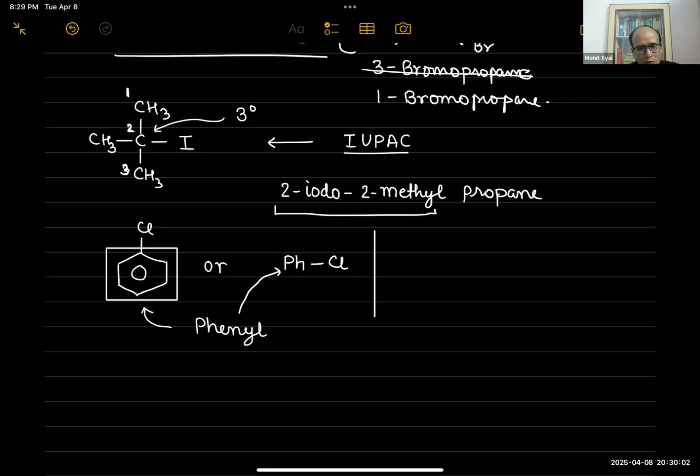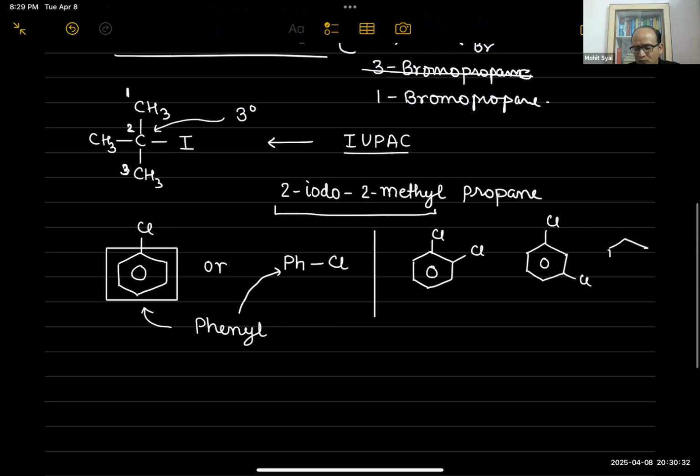If I put 2 chlorine atoms on the benzene, how many different options can I get? There are 6 positions. One I can put anywhere, it is one and the same thing. But if I put 2 chlorines, at how many places can I put them?